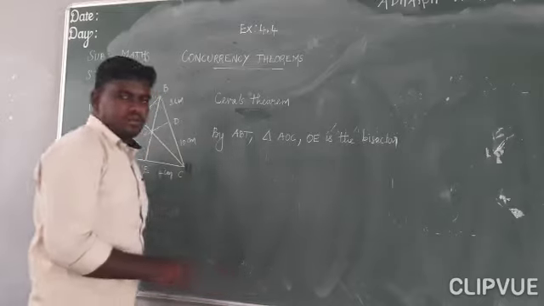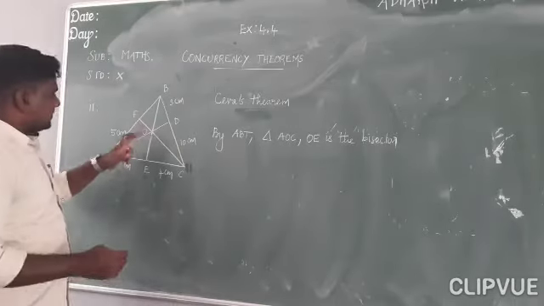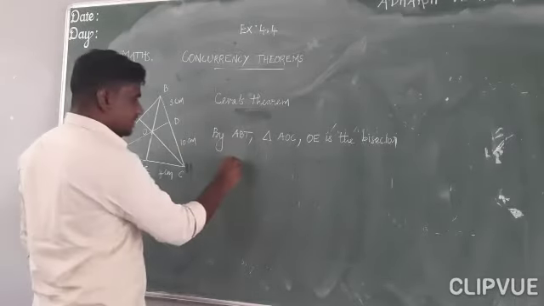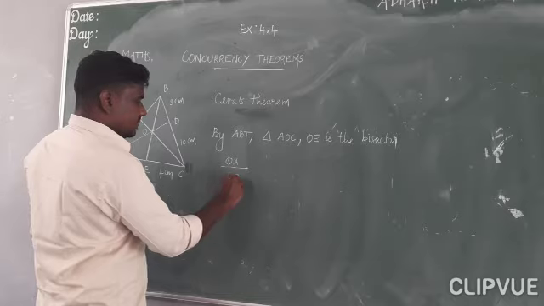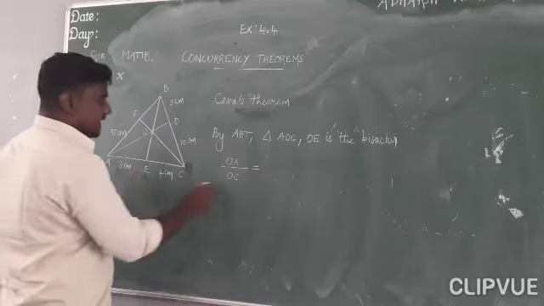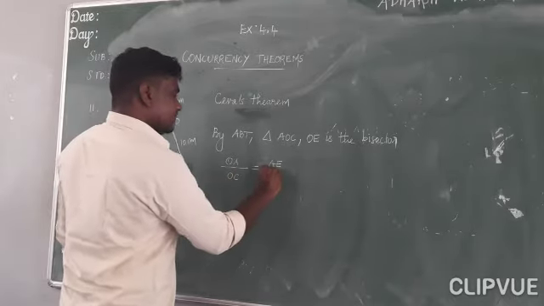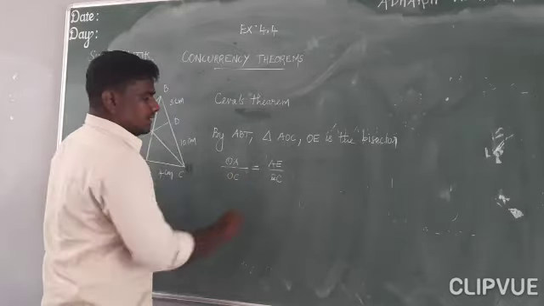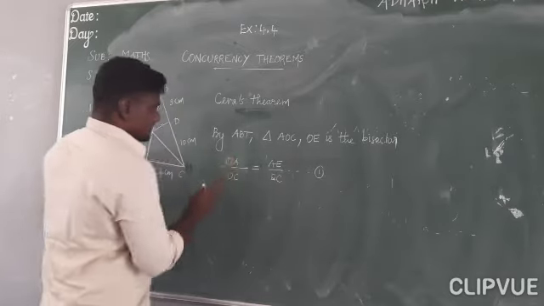According to the angle bisector theorem, OA by OC is equal to AE by EC. This is 1.